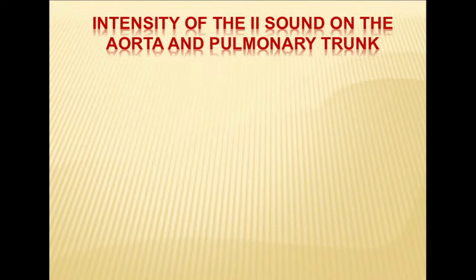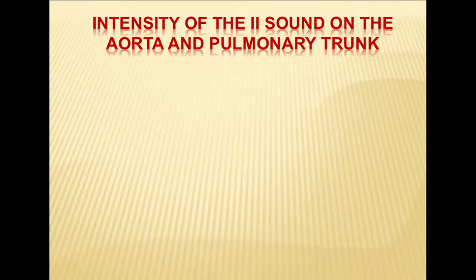Intensity of the second sound over the aorta and pulmonary trunk must be assessed from another position. First of all, we assess separately only over the aorta, then only over the pulmonary trunk.